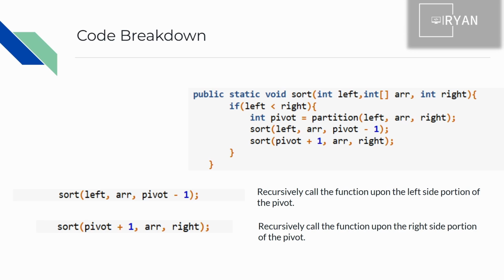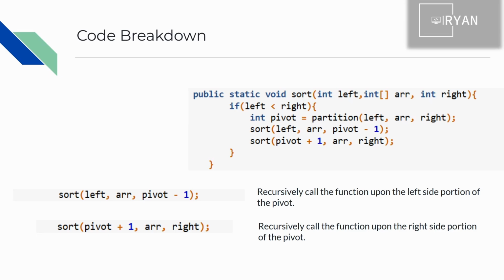We change it to pivot + 1, meaning that it will start just after pivot. Pivot will be the index of the pivot, and we add 1 to it, meaning that we will start just after pivot. And our ending point would be simply right, of course, since it is going to be the right half.